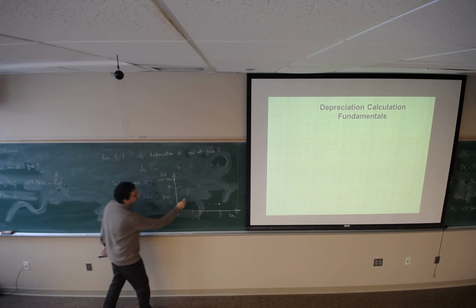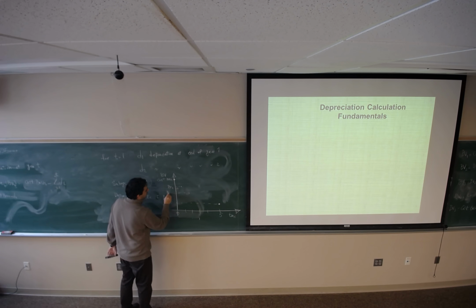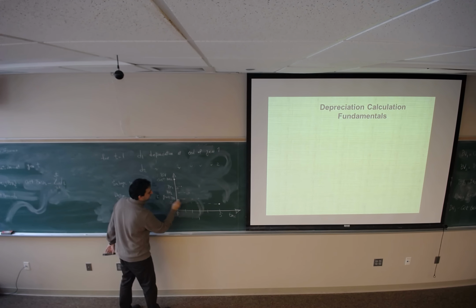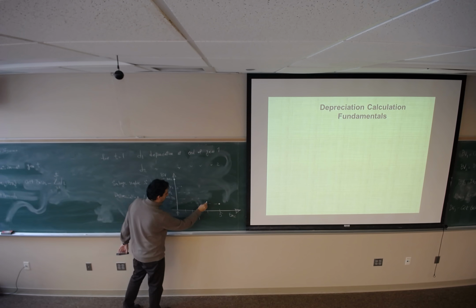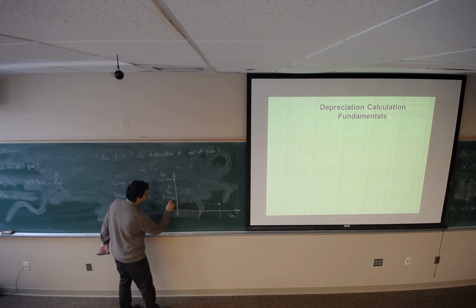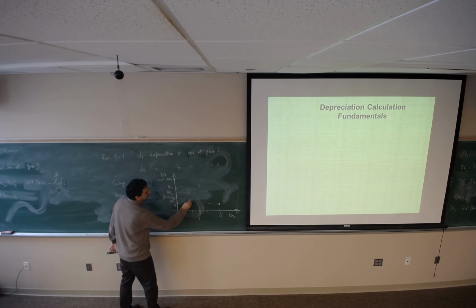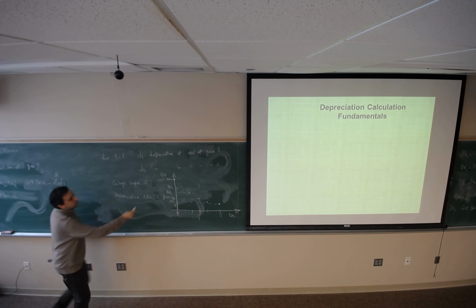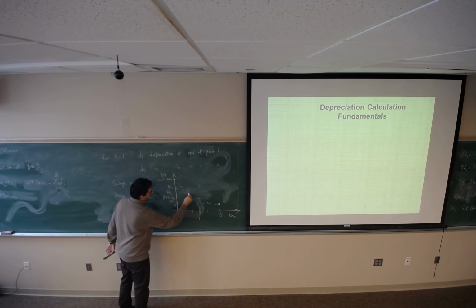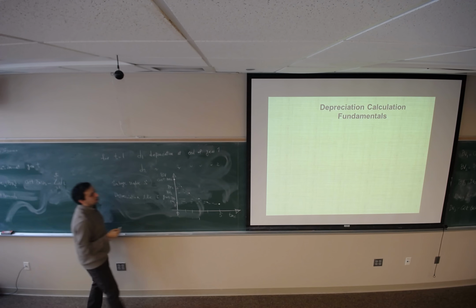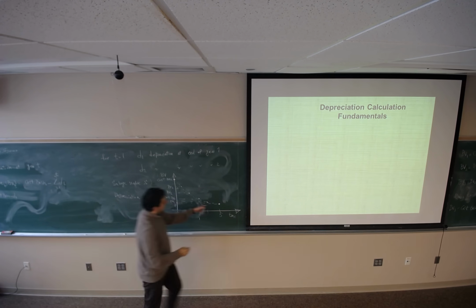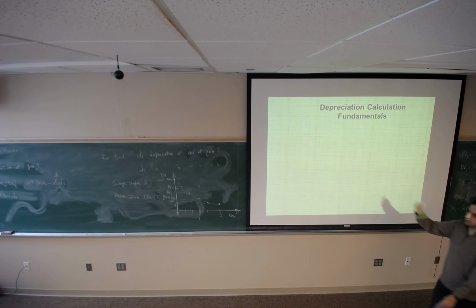Do the same thing for the book value at year 2, year 3, year 4, and then you can connect them and you get something like this.